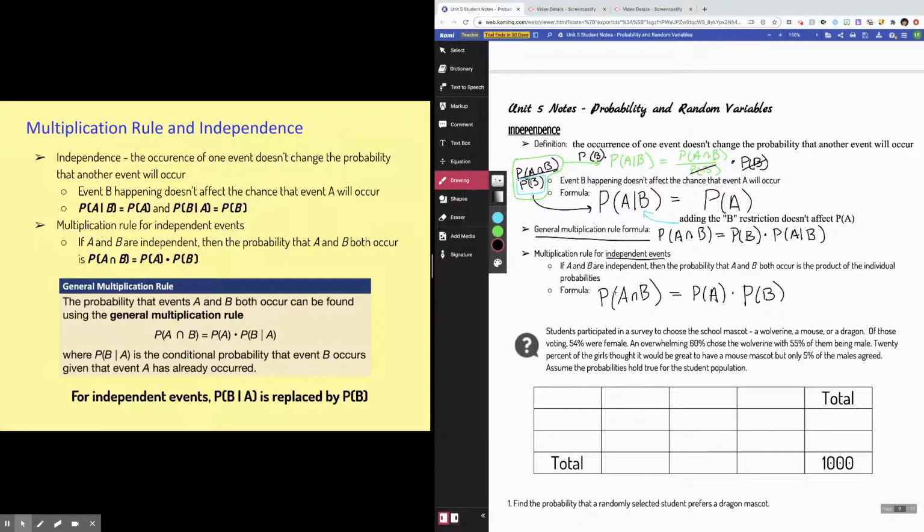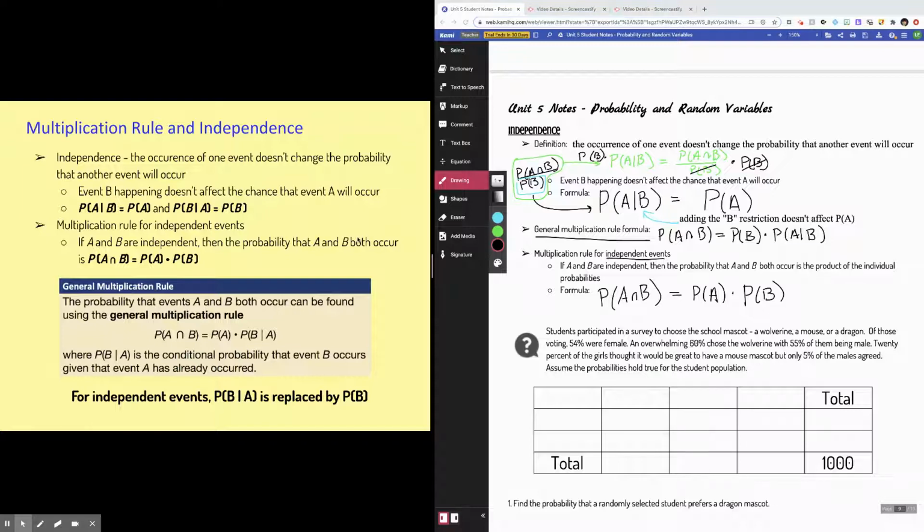So if you are asked to determine if two events are independent, there's two ways that you can do that. You can either calculate the conditional probability and see if it's equal to the non-conditional probability. So that's the definition method. Or you can use the multiplication rule and see, does the and probability equal the product of the individual probabilities? If it does, then the events are independent. If it does not, then the events are not independent.